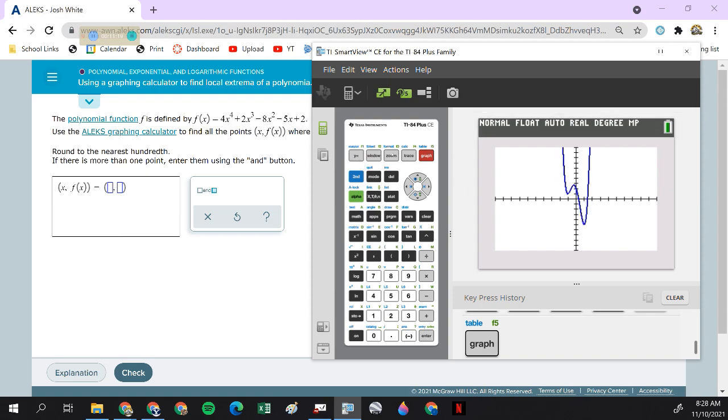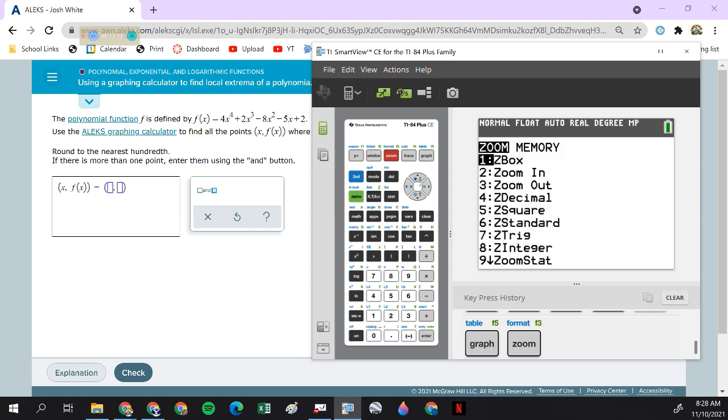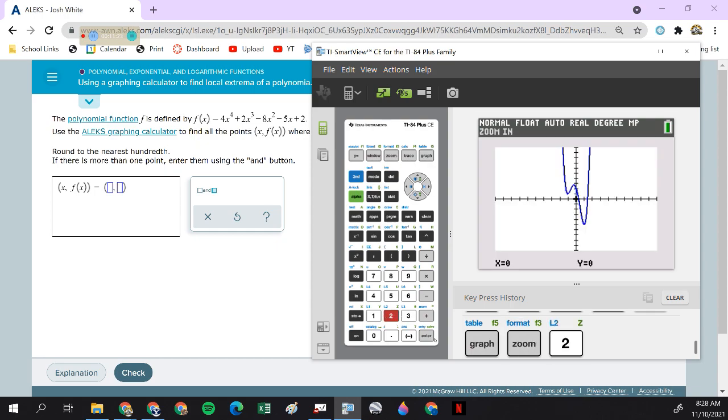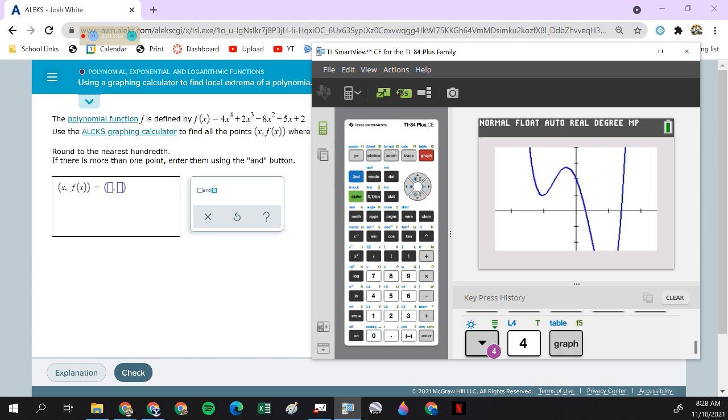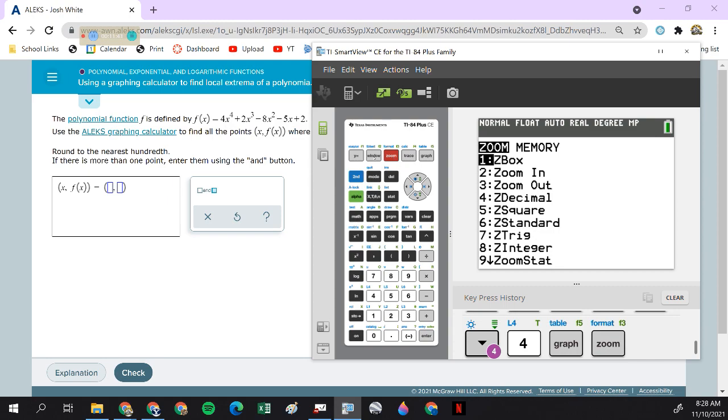All right, I'm going to zoom in because I can't see that very well. Now I want to go up, so I'm going to go into my window and I'm going to change my y maximum. Let's go up to 4. Now, then I need to change my y minimum.